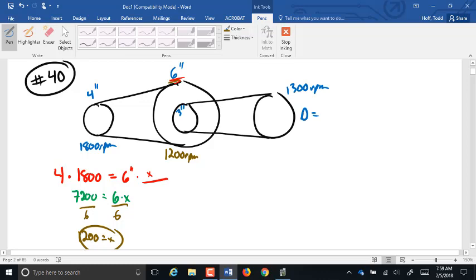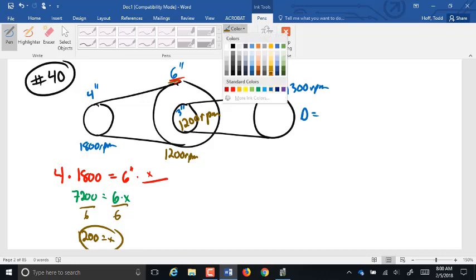How do we find the speed of the 3-inch pulley? Very good. They are on the same shaft, which means they must have the same RPM. The change in RPM only works if they're connected with a belt. They're on the same shaft. Those both are 1200 RPM.